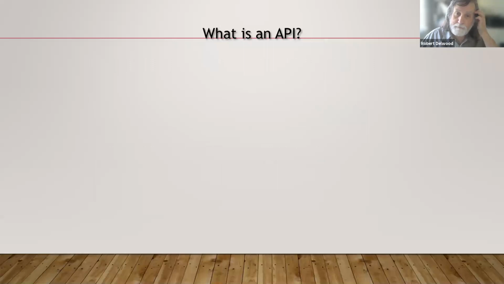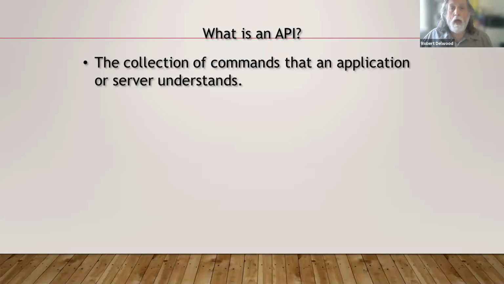But before we start, what is an API? What is an API, and why does it need documentation? An API is the set of commands that an application needs in order for another application to talk to it.